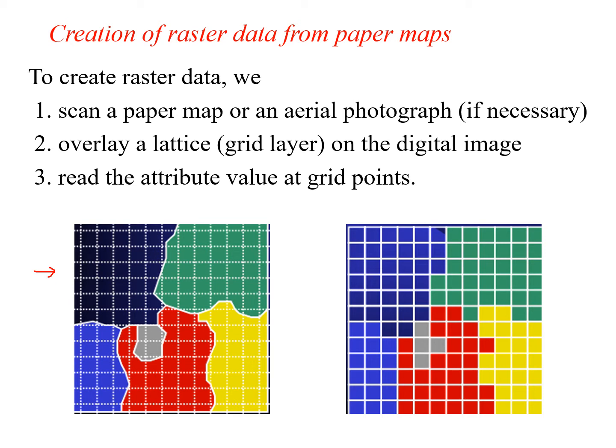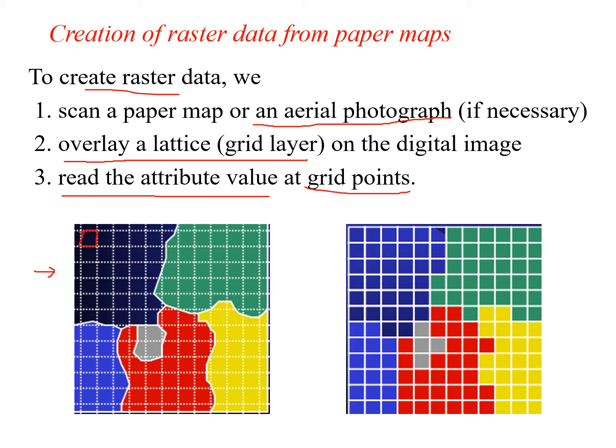So you divide it into a number of cells like this. Raster data is created by scanning a paper map or an aerial photograph. It could even be an imaginary map or aerial photograph, and on the digital image you overlay a grid layer or lattice and read the attribute value at each grid point. So it automatically gets connected, or counted, like this.